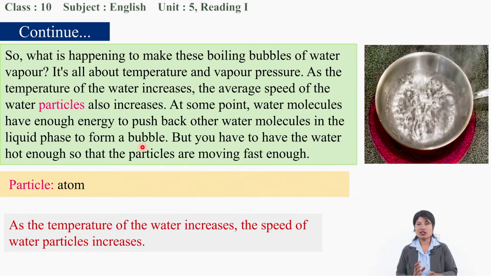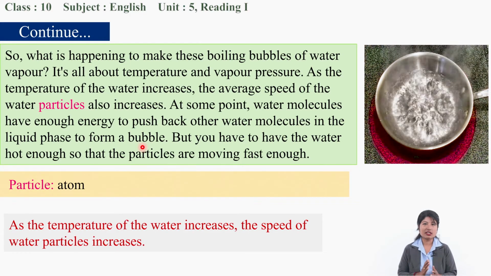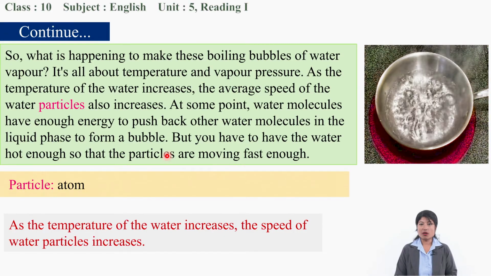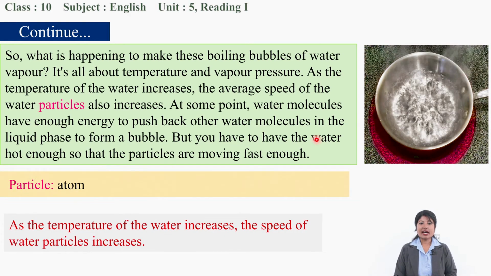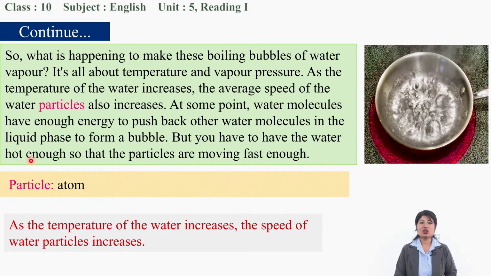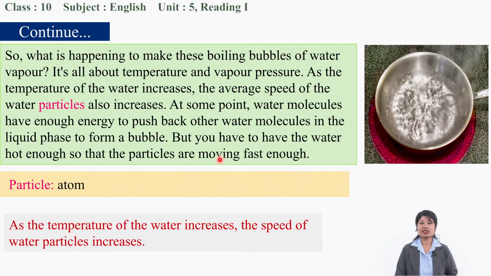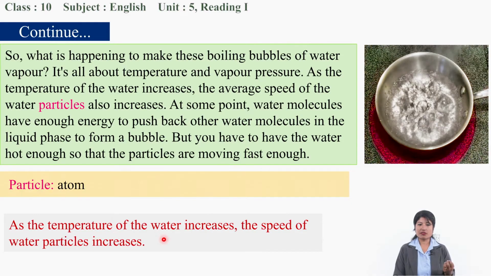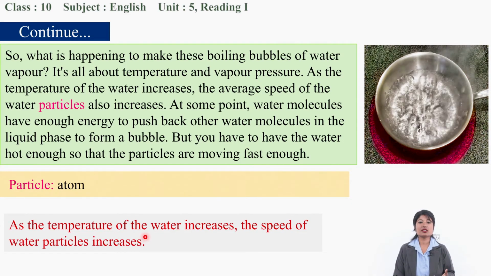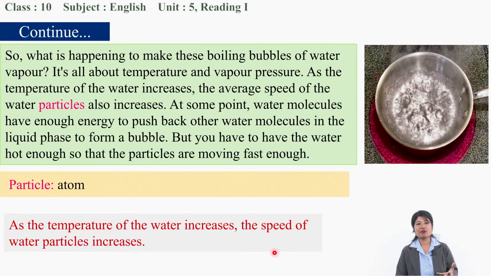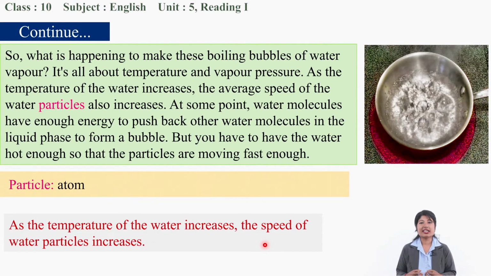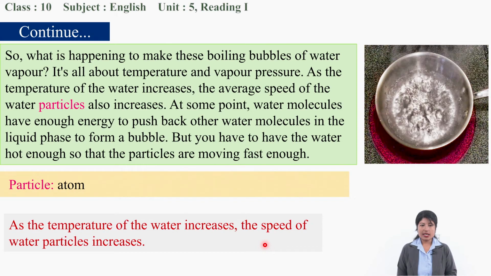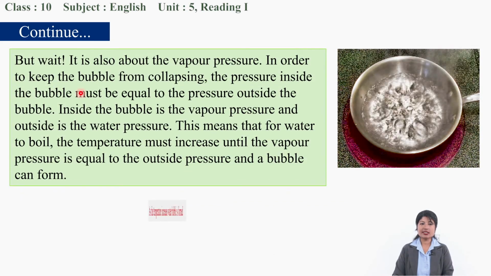But you have to have the water hot enough so that the particles are moving fast enough. So as the temperature of water increases, the speed of water particles also increases. I hope you are getting it.